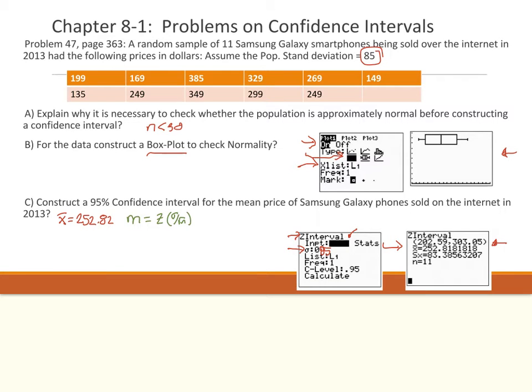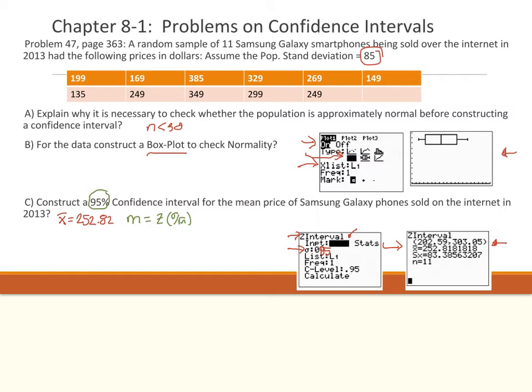Well, to know what Z is, we have to look at our level of confidence. And we go to the bottom of page A3 in the appendix, back in the back of the book, and that's on page A8.